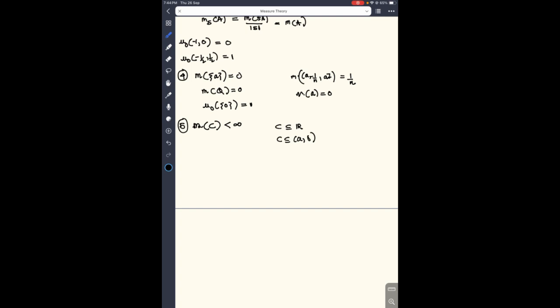What I mean by that: if A belongs to the Borel sigma algebra, we don't know how it looks, but we can say that there exists a sequence U_n of open sets belonging to the Euclidean topology tau R such that U_n contains A and M of U_n approaches M of A. This is called the outer regularity by open sets.